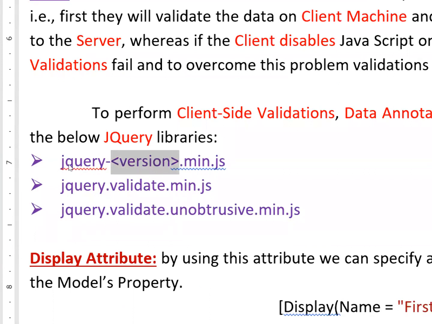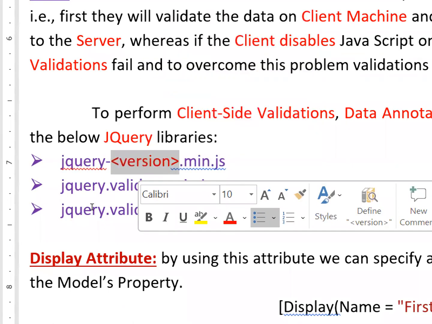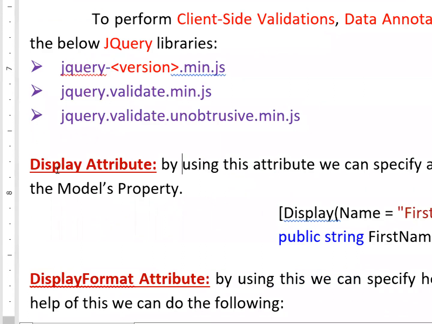So jquery-version.min.js, next jquery.validate.min.js, next jquery.validate.unobtrusive.min.js. So these are the libraries you require first.